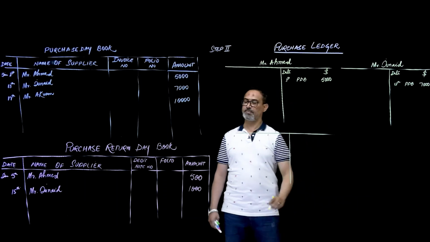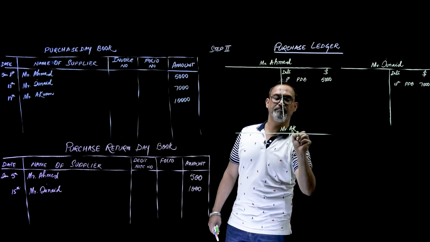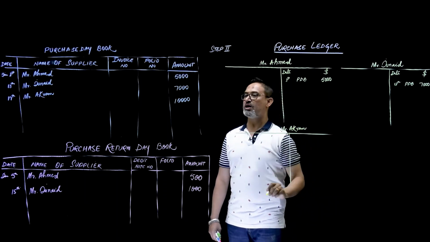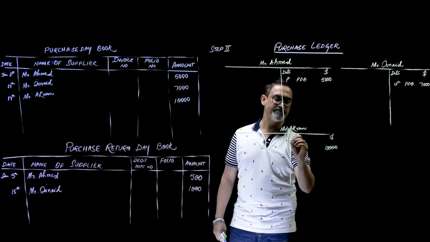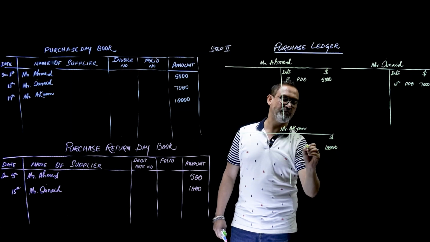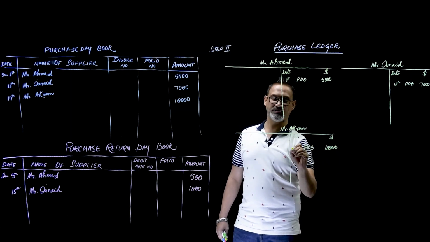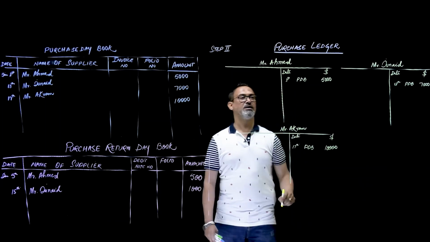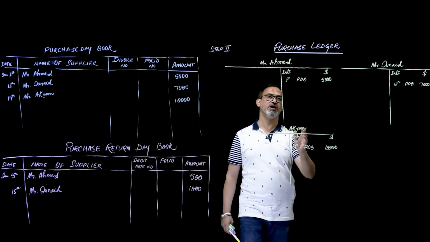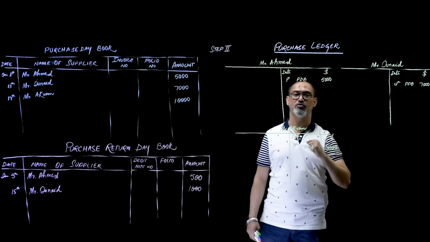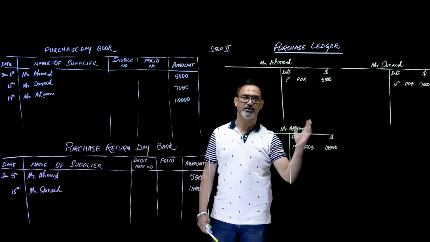In the same way, for Mr. Akram we post $10,000 with the reference purchase day book on the 17th. It means that all the credit purchases are recorded on the credit side of the supplier's account, because whenever liabilities increase, they are always recorded on the credit side.